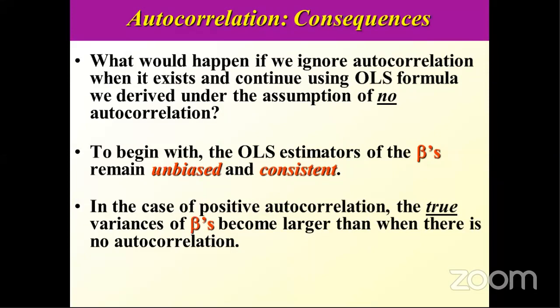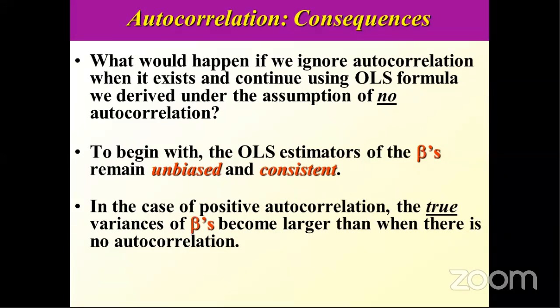If our assumptions are not met, then you cannot say our OLS estimators are best linear unbiased estimators without testing that. Hence the consequences of violations of the assumptions of the classical linear regression model, including autocorrelation, relate to whether our OLS estimators continue to be the best linear unbiased estimators or not.